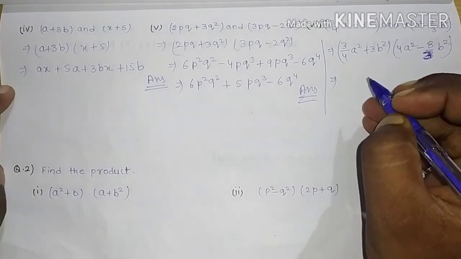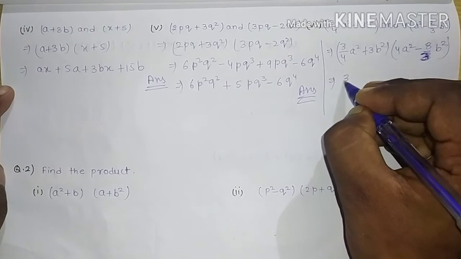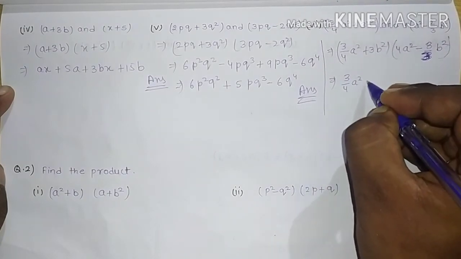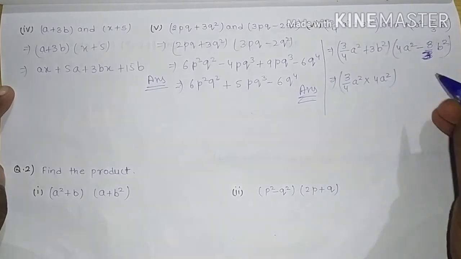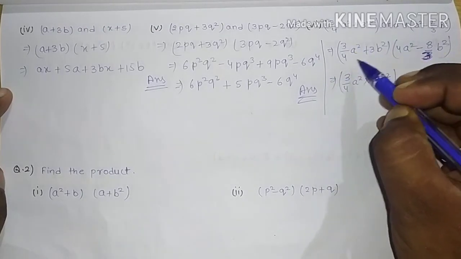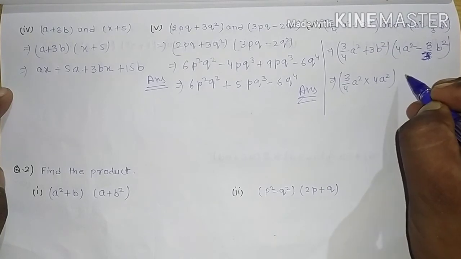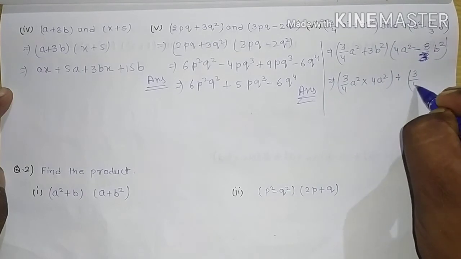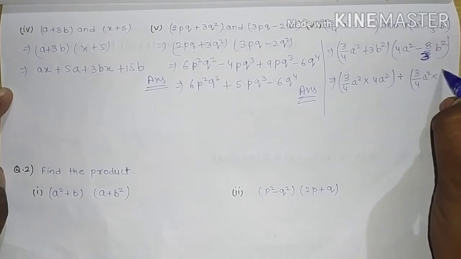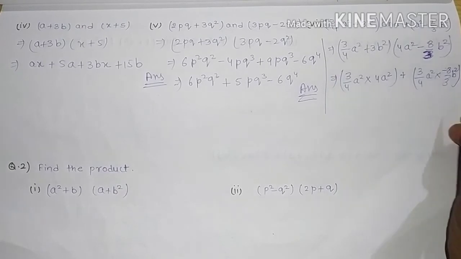So first of all, 3/4 a² is multiplied into 4a². Now 3/4 a² is multiplied into minus 8/3 b², so plus 3/4 a² is multiplied into minus 8/3 b².